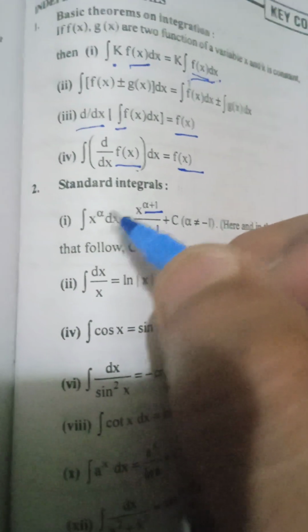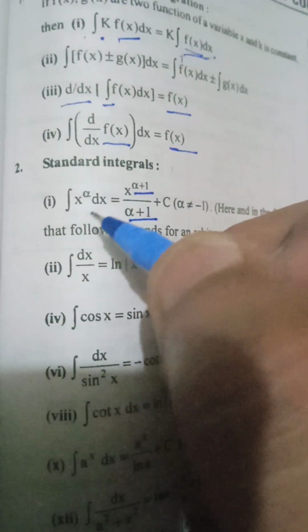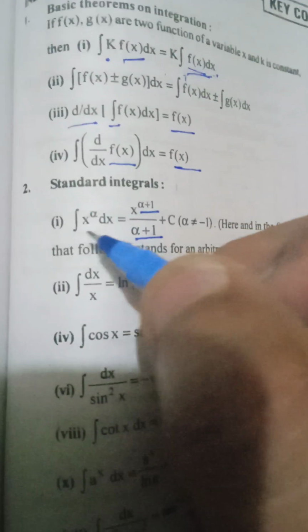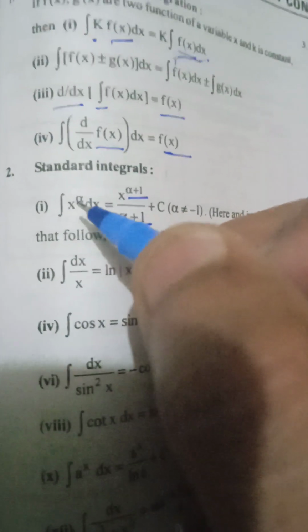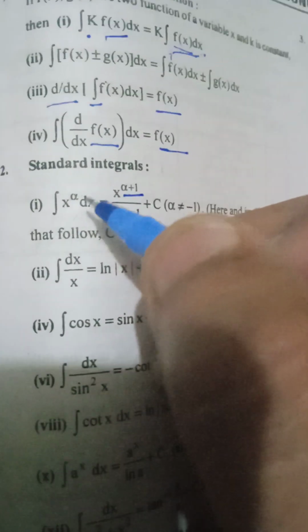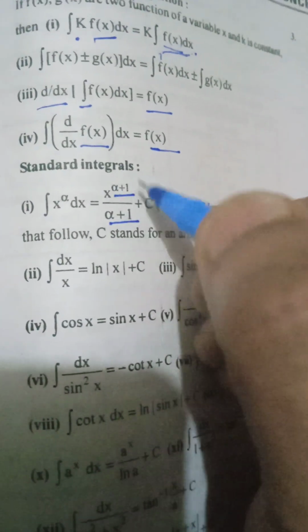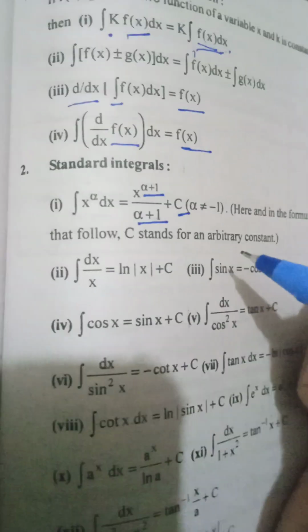It is increased by 1, very important, and it is mainly used for exponent functions. In case of a derivative the power is reduced by 1, but in case of an integral it is increased by 1, and we divide by the same exponent. Plus c is the integration constant here.